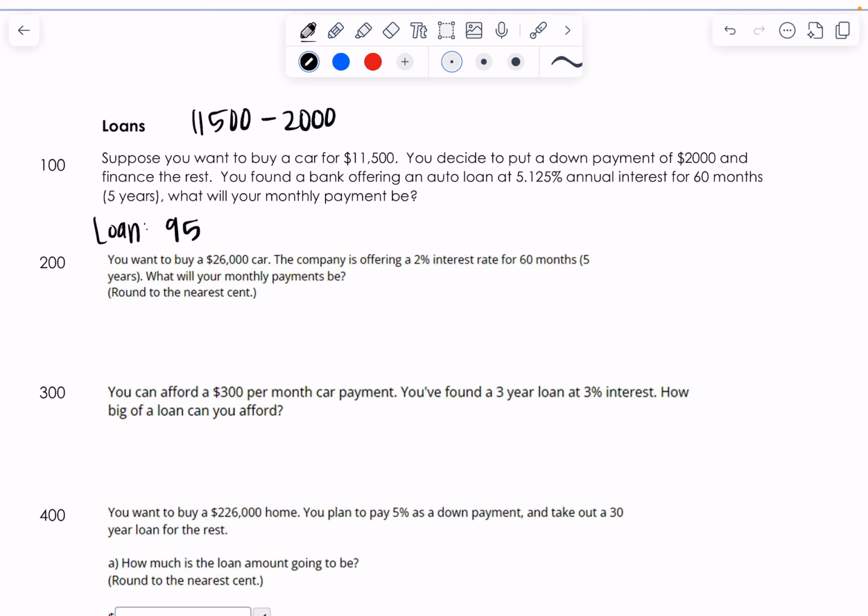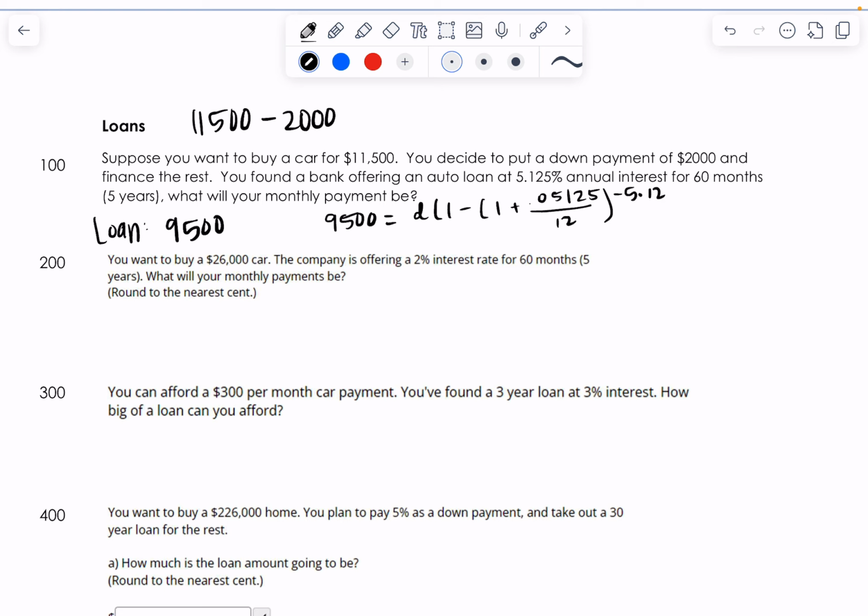So the loan amount is only $9,500. And then it says, what will your monthly payment be? So 9,500 equals D times 1 minus 1 plus 0.05125 over 12, because it's a monthly payment. And it's 5 years.